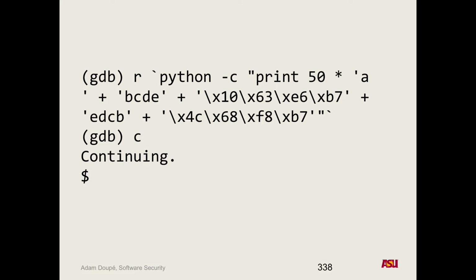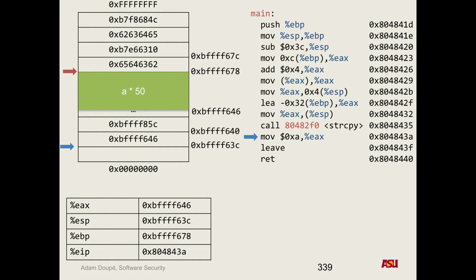So that'll finally work. If we look at the stack here, we'll see that after the call, we've overwritten the saved EBP, we've overwritten the saved EIP, and then above that is what system thinks is its saved EIP.